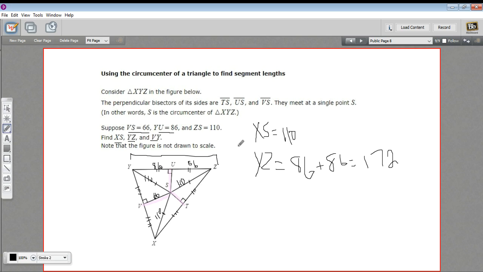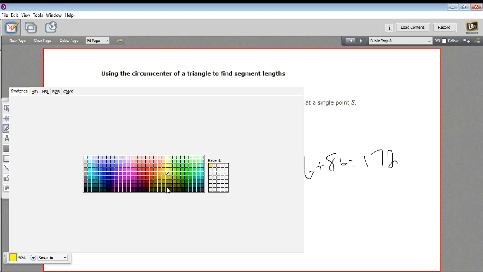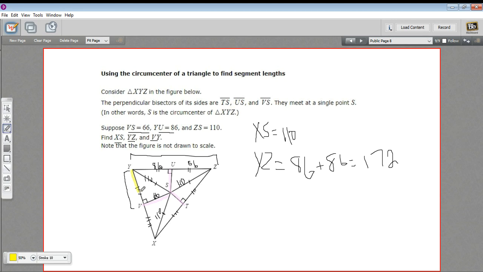All right, and last we need to find VY. That's this side right here. And one of the things I can see is that I've got a right triangle here. Actually, let me just outline that in a different color. So that's the side we're trying to find. And then these two other sides make a right triangle, and I have the measurements for those sides.